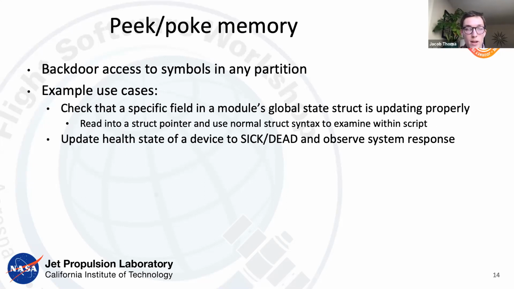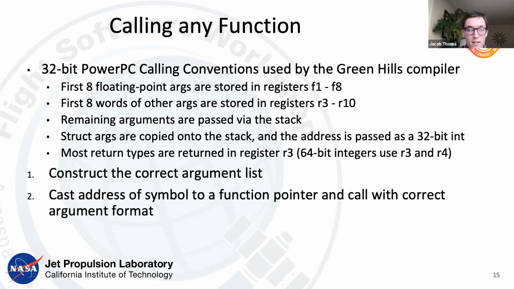And what's handy about PICO-C is since it's C, you can just read that data into a struct pointer in your script and then examine it with normal struct syntax, which is pretty nice. And then another thing you could do is update the health state of a device to sick or dead and observe the system response. Next slide.